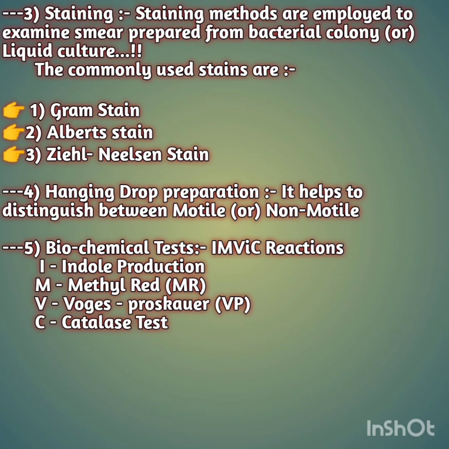The commonly used stains in microbiology are Gram stain, Albert stain and Ziehl-Neelsen stain. Ziehl-Neelsen stain is also called acid-fast stain. These are the three main stains by which we can identify the bacteria.